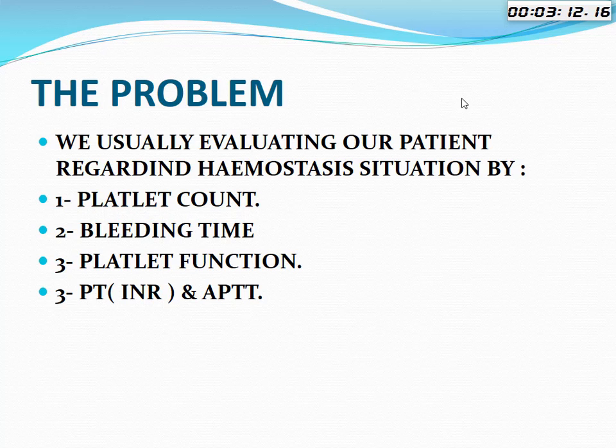These are the items usually used in our hospital to identify the patient: platelet count, bleeding time, platelet function, INR, and APTT. Can these investigations help us to differentiate between the patients at risk for bleeding and the patients at risk for thrombosis?